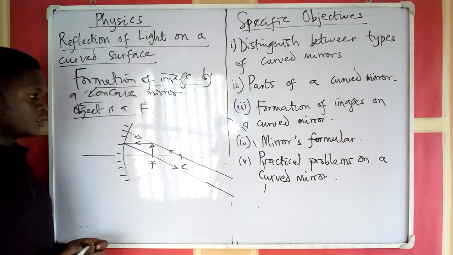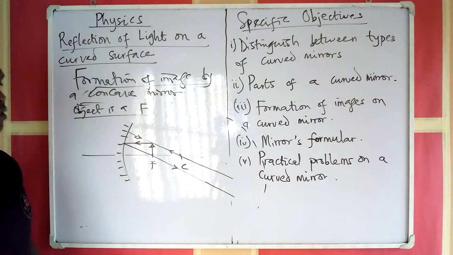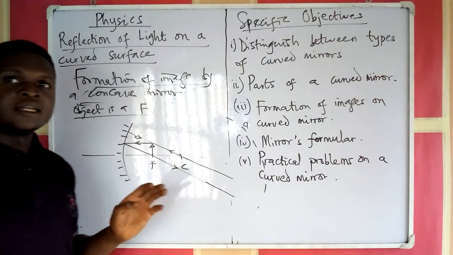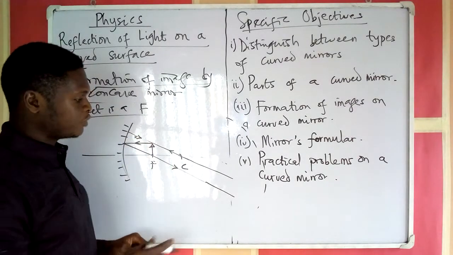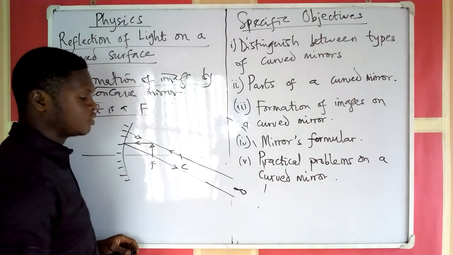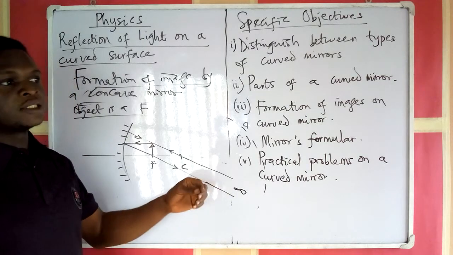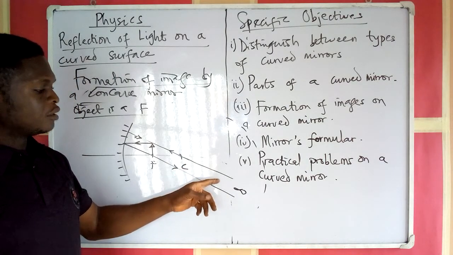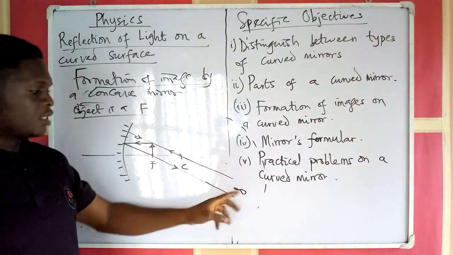Do you notice something? You notice that these rays are parallel, right? And you know that two parallel lines can never meet. In physics, we regard such an image as formed at infinity, because this particular thing will form at a very far distance.